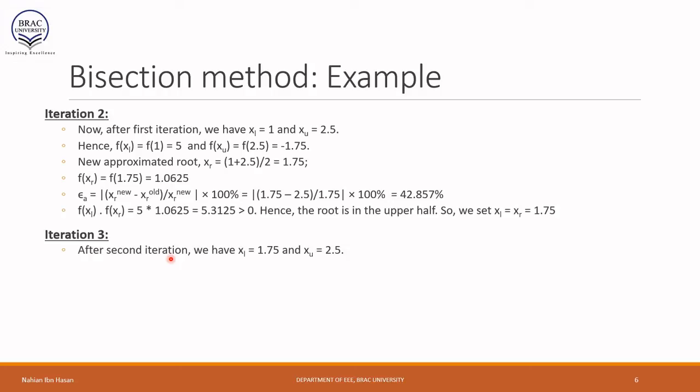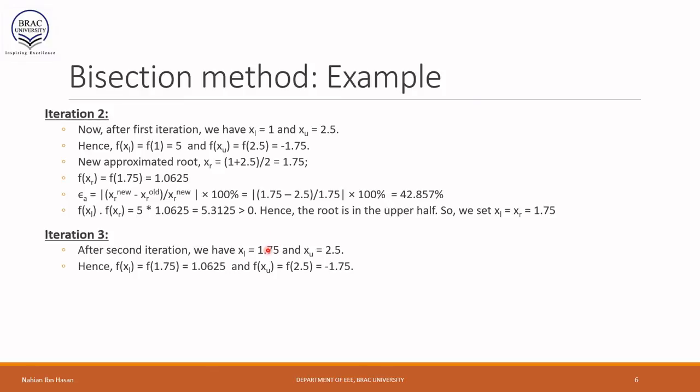In the third iteration, after the second iteration, we have our new boundary, which is 1.75 and 2.5. So we recalculate the values of f of xl and f of xu, which are 1.0625 and minus 1.75. Look at the values, look at the signs. One is positive and one is negative. So by definition there should be a root within these 2 points.